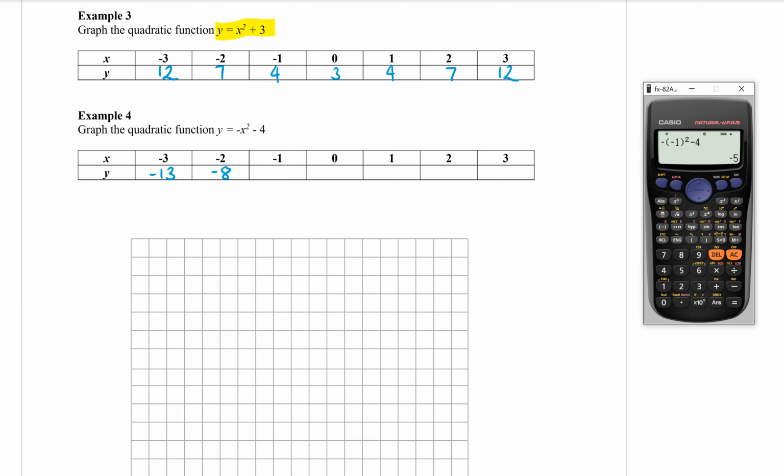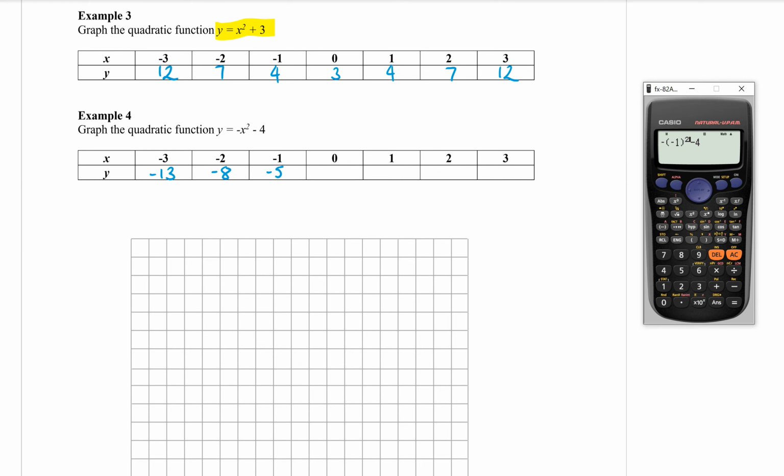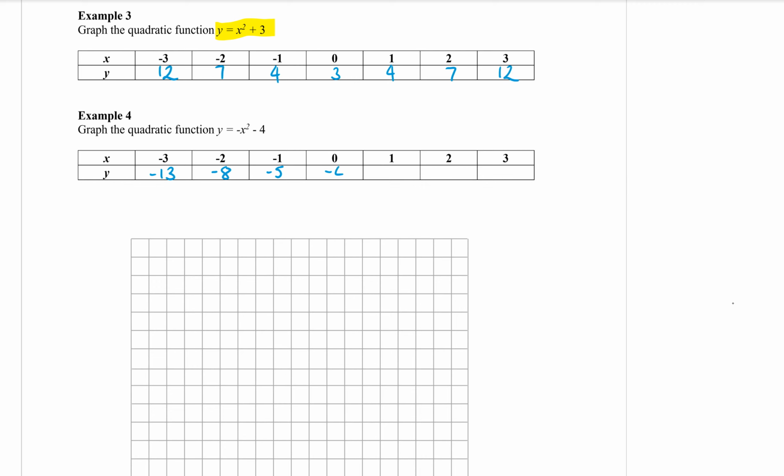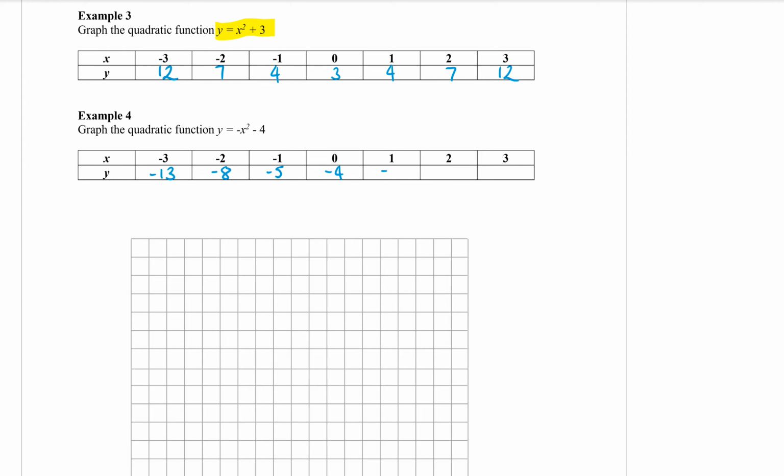So that's -5. Now we put 0, which is -4. And we've hit the bottom point, but let's just do one more anyway so we can see that. So if we put 1 in there, we know that we're back with these other numbers again. So we've got -5, then -8, and then -13.